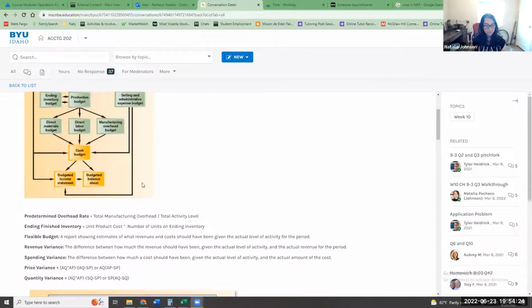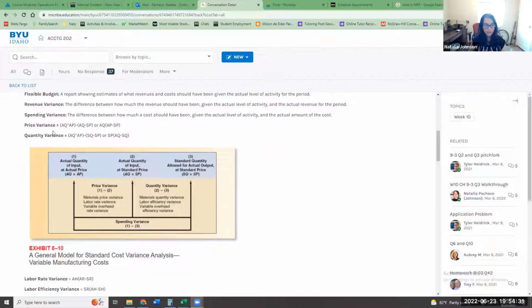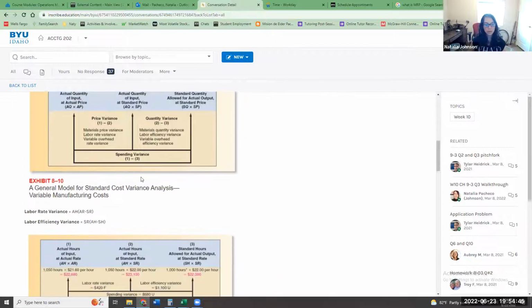Sounds good. Yeah, and then these are more formulas. I added these formulas right here, like the price variance, quantity variance. But if you memorize the pitchfork, you don't really have to memorize these formulas. You can find out the formulas if you remember the pitchfork easily, in my opinion.